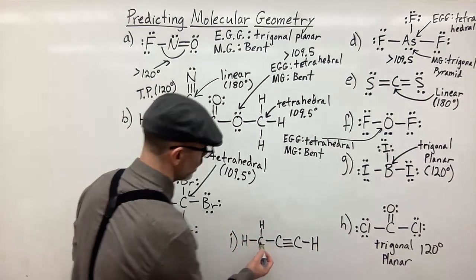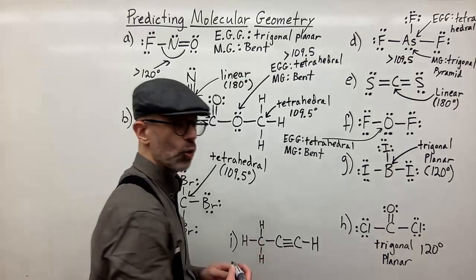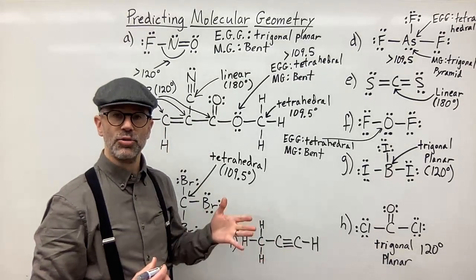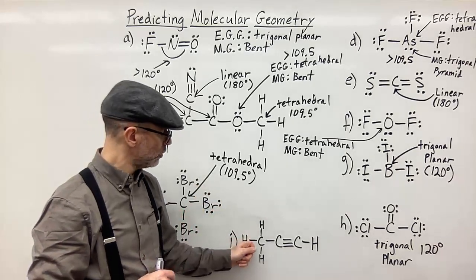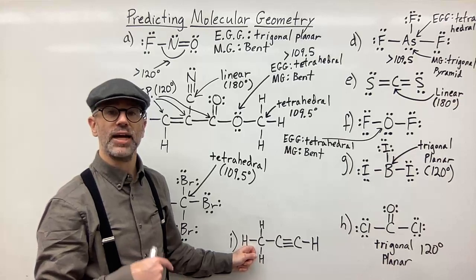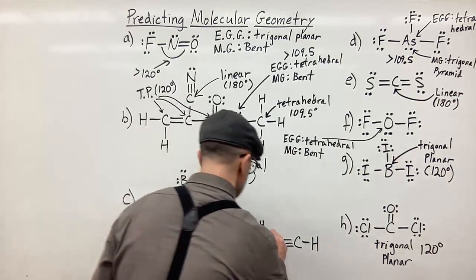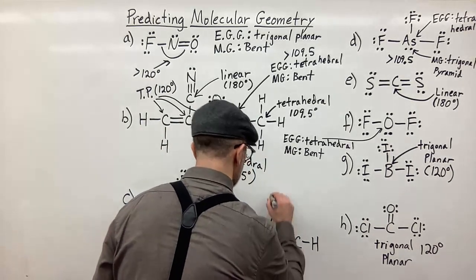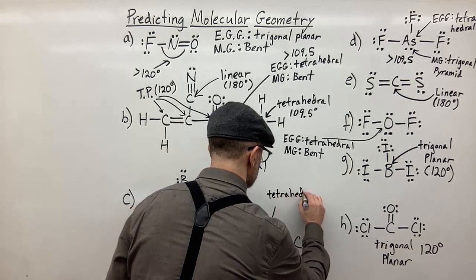So here, this carbon has 4 bonds, no lone pairs. So the electron group geometry and the molecular geometry will be identical to each other. If you have 4 total groups around your central atom, you've got a tetrahedral electron geometry. So this is going to be tetrahedral.